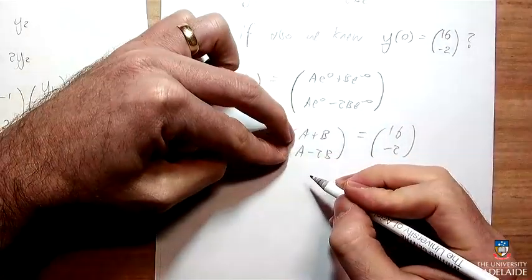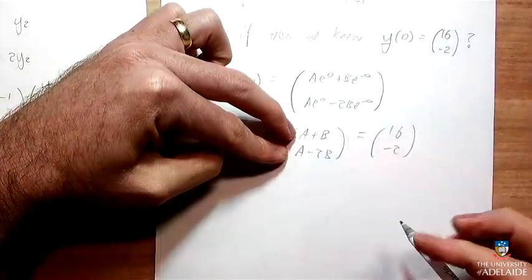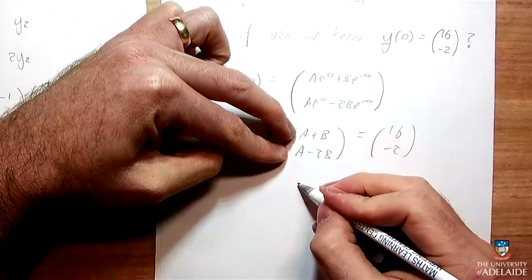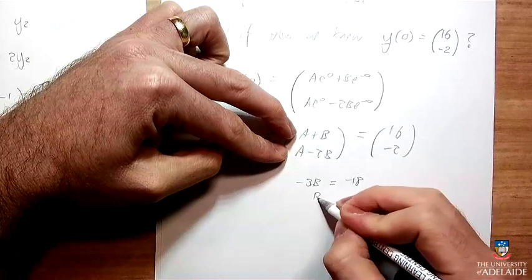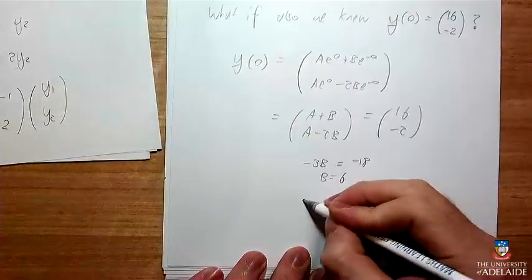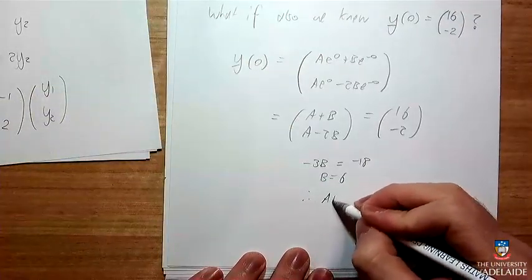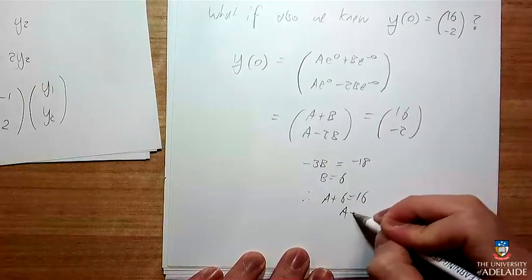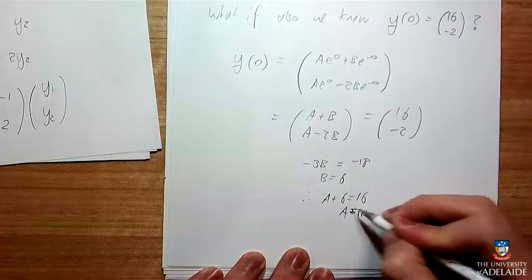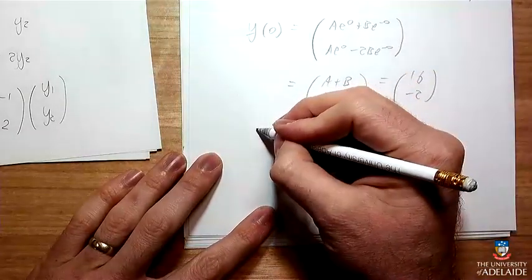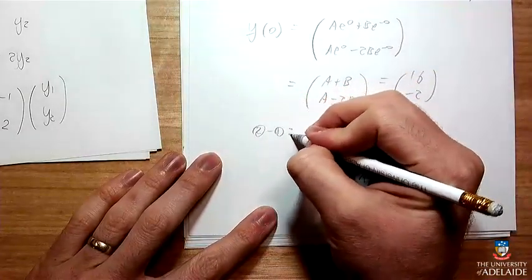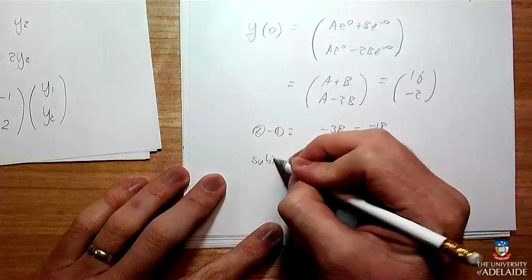So if I do this minus that, I'm going to get minus 3b equals minus 18, so b is 6, and therefore a plus 6 is 16, so a is 10. So this was equation 2 minus equation 1, and this was sub into number 1.